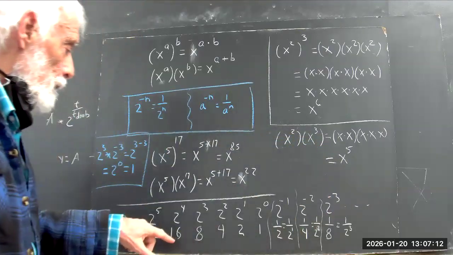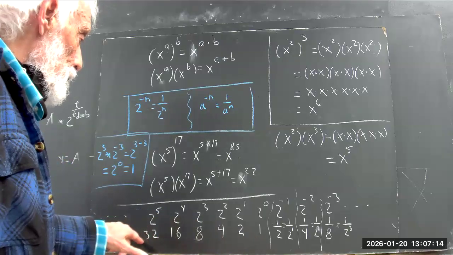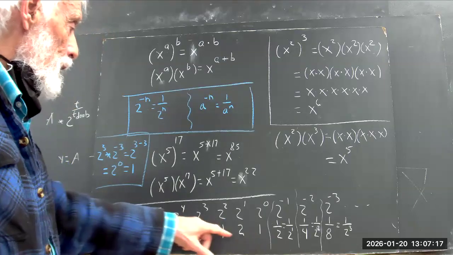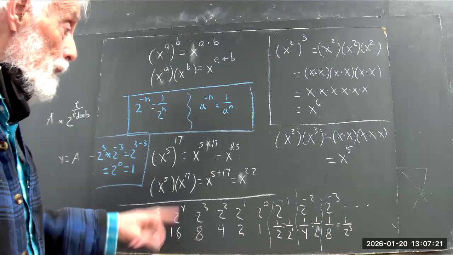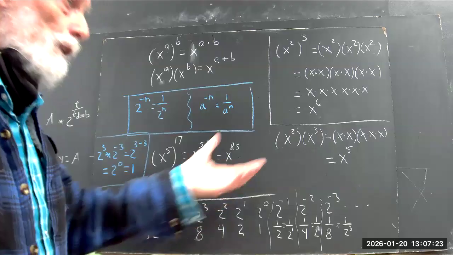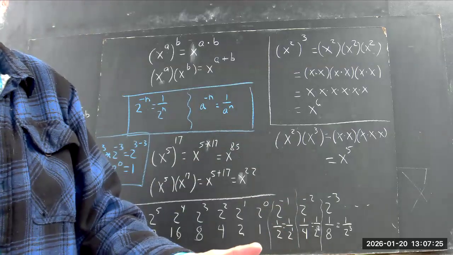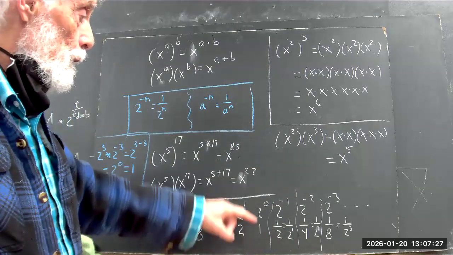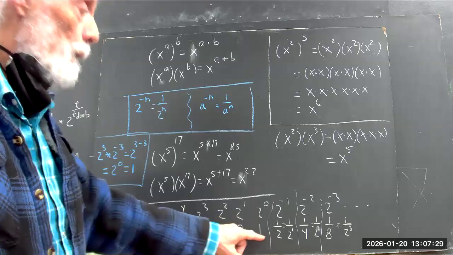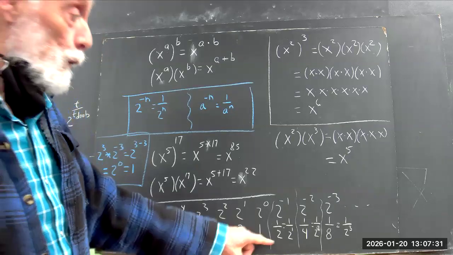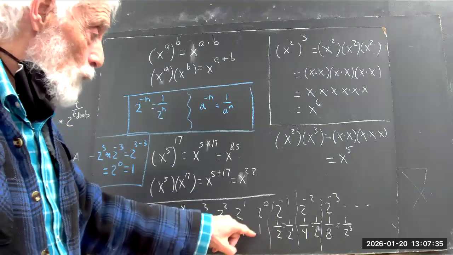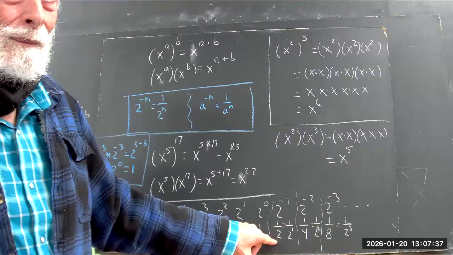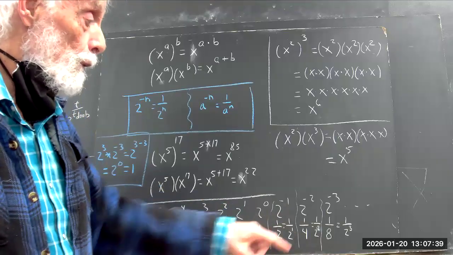Now, every number as we go from right to left is double the number before it. So every number going that way has got to be half the number before it, right? That means, for example, 2 to the 0 has to be half of 2, which is 1. And 2 to the -1 has to be half of 1, which is 1/2, which I write as 1 over 2 raised to the 1.